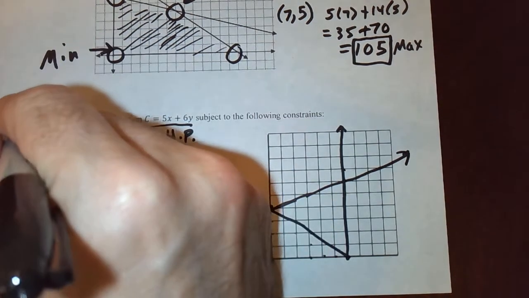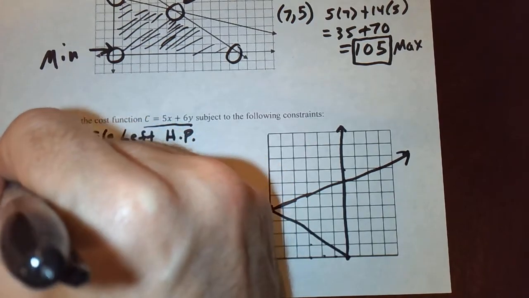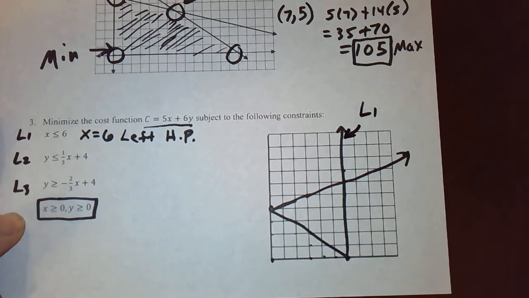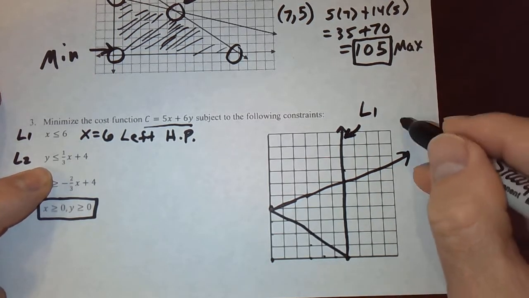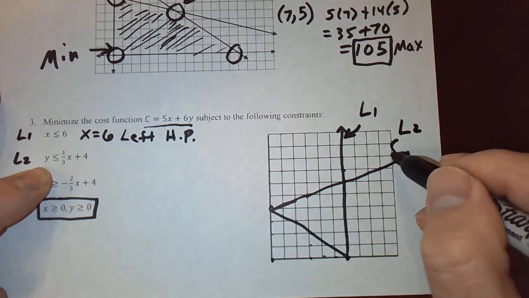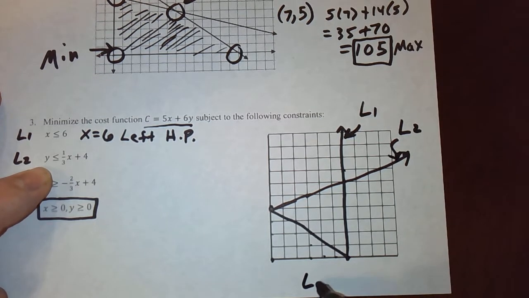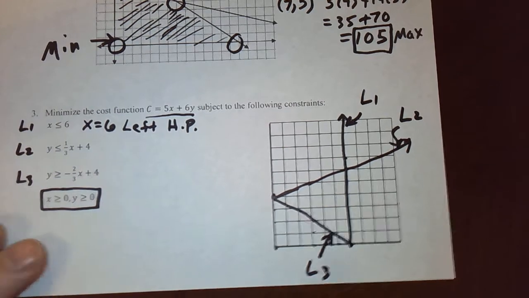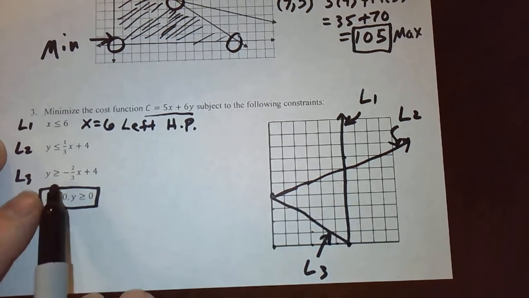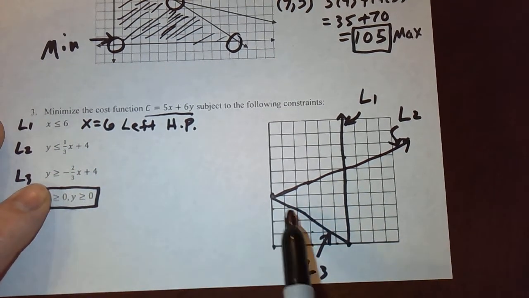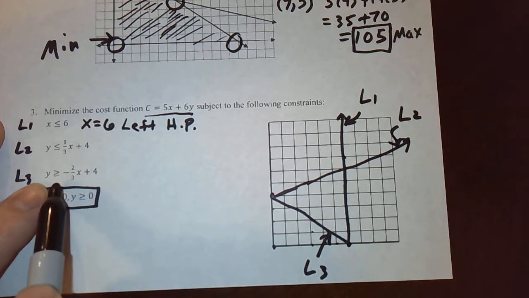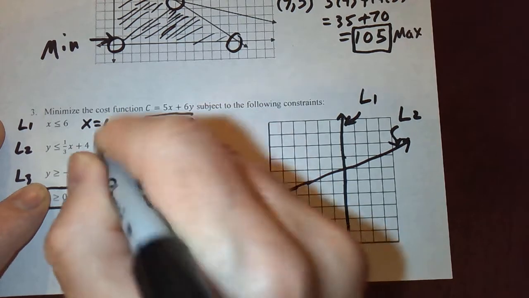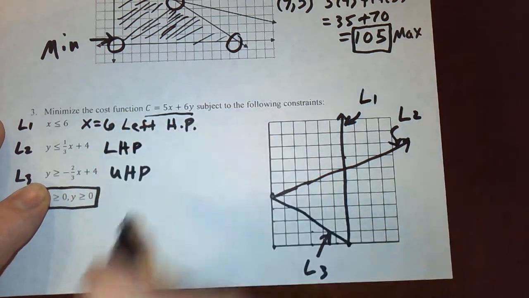So if I were to label just the lines, we would have L1 as that vertical. L2 would be this line. And then L3 would be this line. Okay, so in this line we just drew, it's y greater than or equal. So this one would be an upper half plane. This was lower half plane.